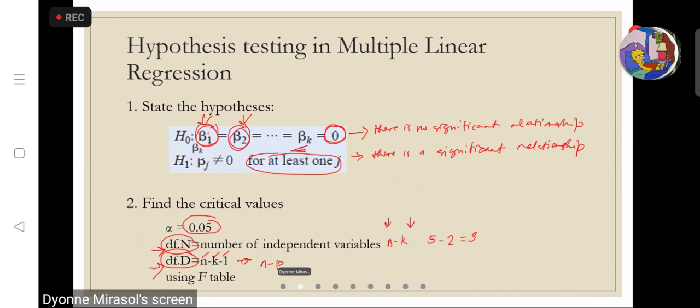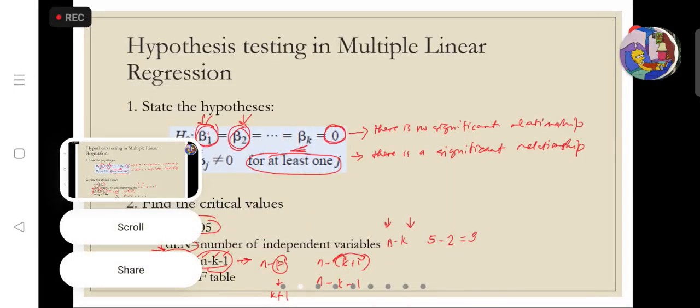Since p is k plus 1, we substitute it, and doing basic algebra, the negative distributes to both values. So n is subtracted by p, which is k plus 1, and that gives us the degree of freedom for the denominator.